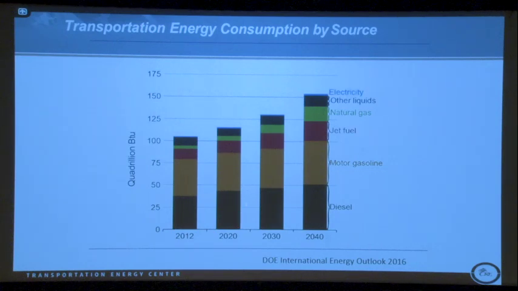As time goes on now and into the future, natural gas is becoming an increasing percentage of the energy source for transportation. And electricity, while it's growing a little bit, is still not a major contributor. So by and large, we're still going to rely heavily on diesel, gasoline, jet fuels for airplanes, and an increasing amount of natural gas for engines.